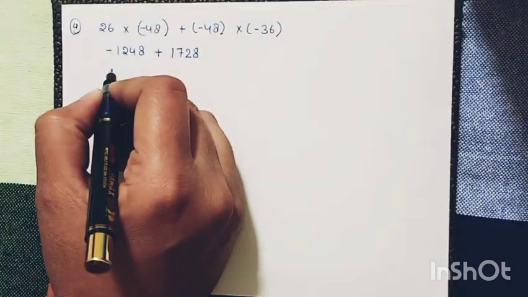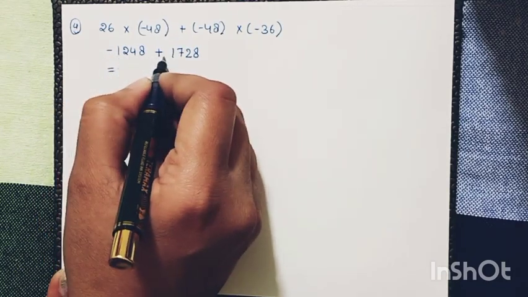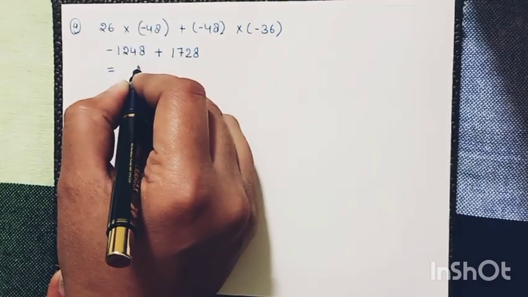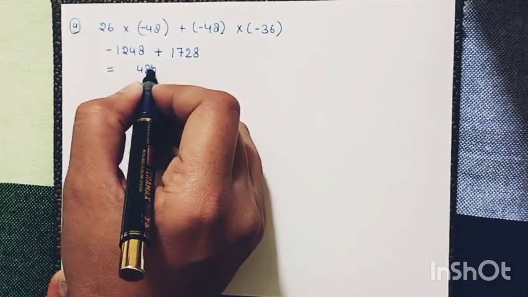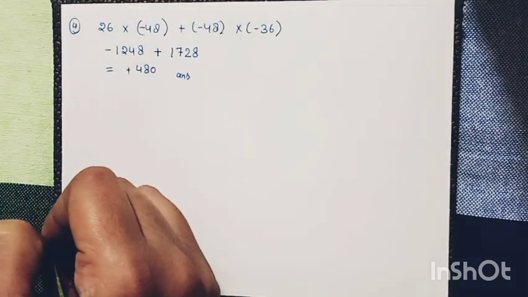On adding these two, because one is a positive and one is a negative integer, the answer will be the difference of these two, which is 480, and the sign will be that of the greater number, that is the plus sign. So that is the answer to this particular question.